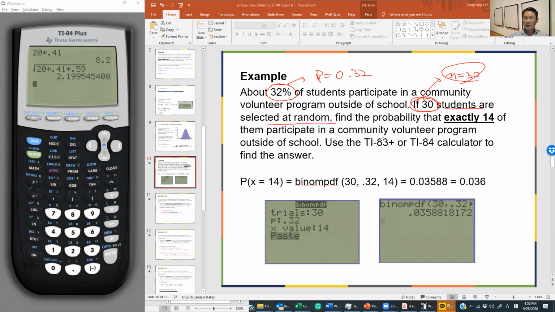Find the probability that exactly 14 of them, that means X is going to be 14. So if we can figure out the N, the P and the X, then this is done.